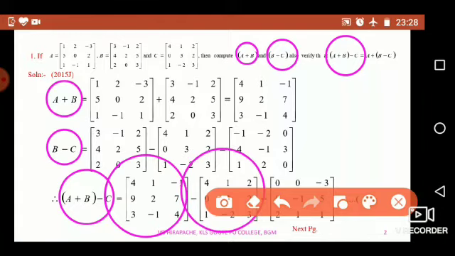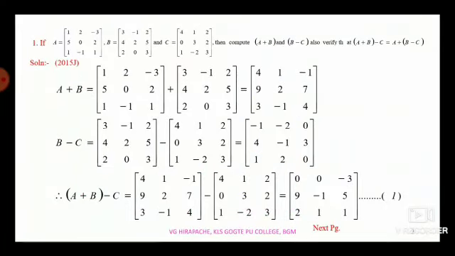Minus the matrix C containing the elements 4, 1, 2 in the first row, then 0, 3, 2 in the second row, and third row elements 1, minus 2, 3. If we subtract these two matrices, we get the elements in (A plus B) minus C as 0, 0, minus 3, 9, minus 1, 5, 2, 1, 1.